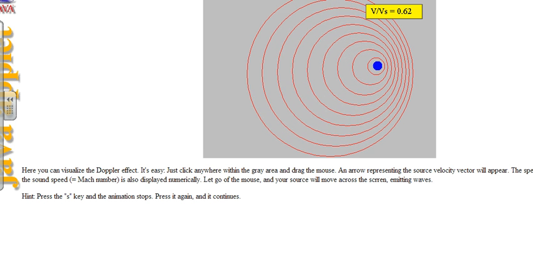If I pause this, what you can see is that out in front of it, the lines are closer together. So these are the individual waves, and so the frequency of those is greater. They're going to hit you more often. Now out here behind it, the frequency is less.